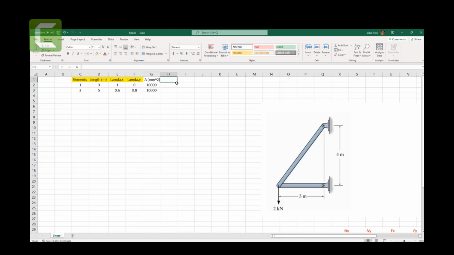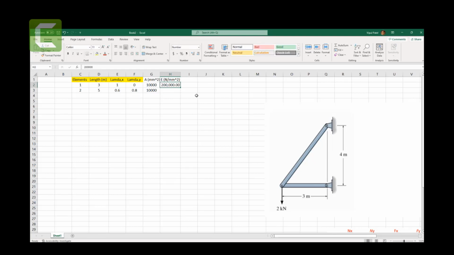And for the Young modulus, in Newton per millimeter square, let's say steel, so 200 for elements 1, 2, 3, and 200. All right. Anything else? I think that's it. We don't need anything else.